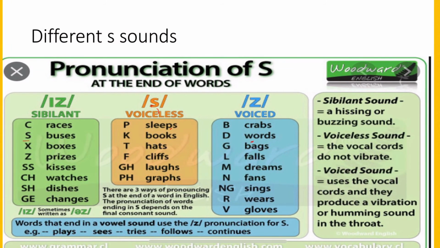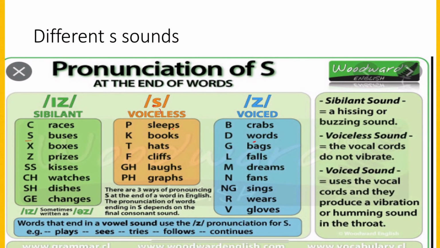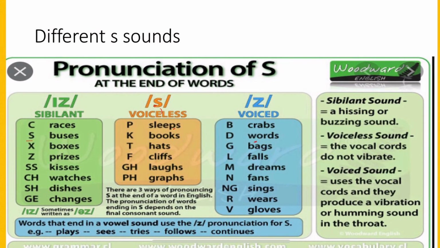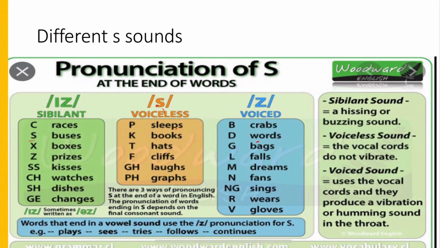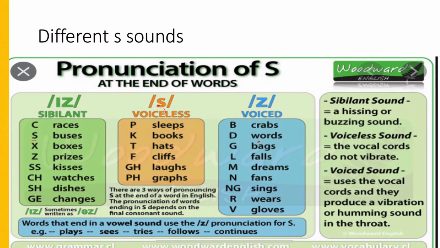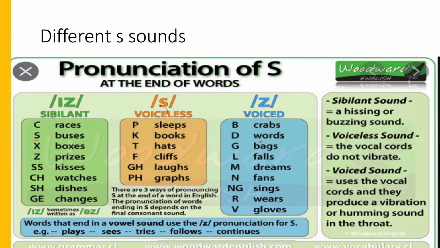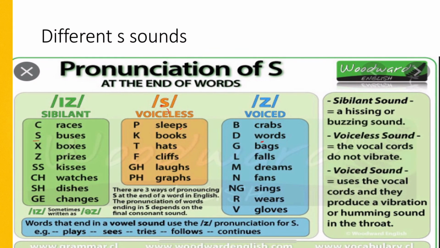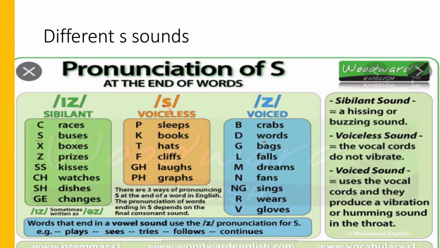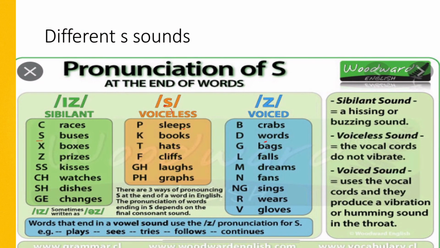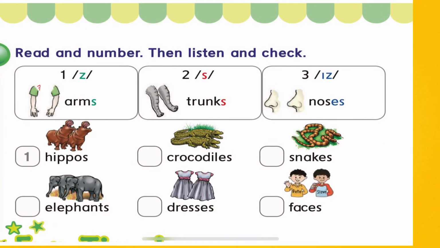We have the S sound: sleeps, books, hats, cliffs, laughs, graphs. We have the Z sound: crabs, words, bags, falls, dreams, fans, signs, wears, gloves. Now listen and check.